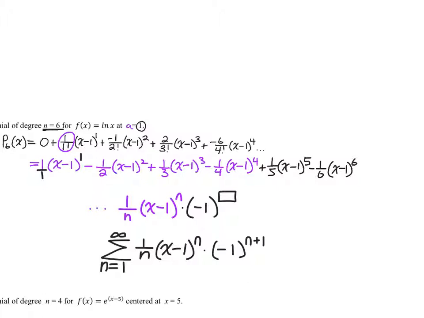Now if I plug a 1 in for this, 1 plus 1 is 2. -1 to the second power is positive. When I get to the second term, it'll be odd, which will make it negative. When I plug in the 3, that'll make it even, back to positive. And so now I have a rule for the infinite expansion.